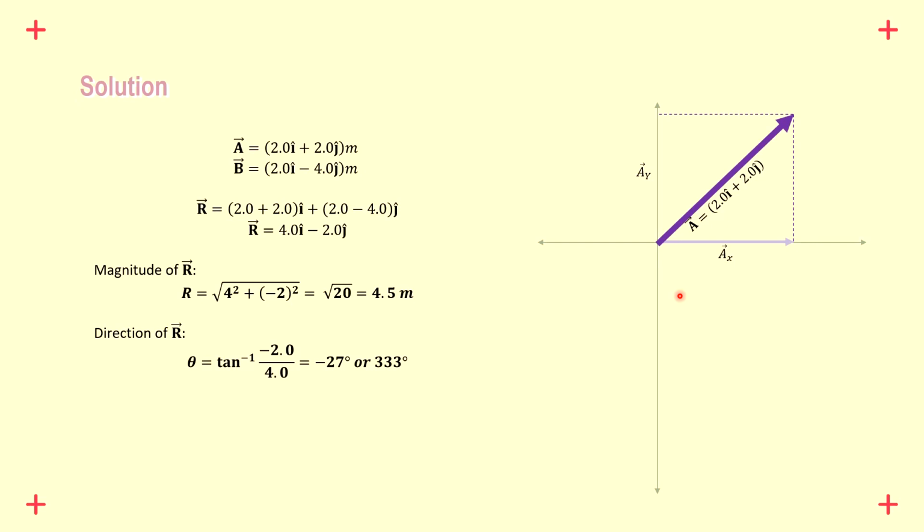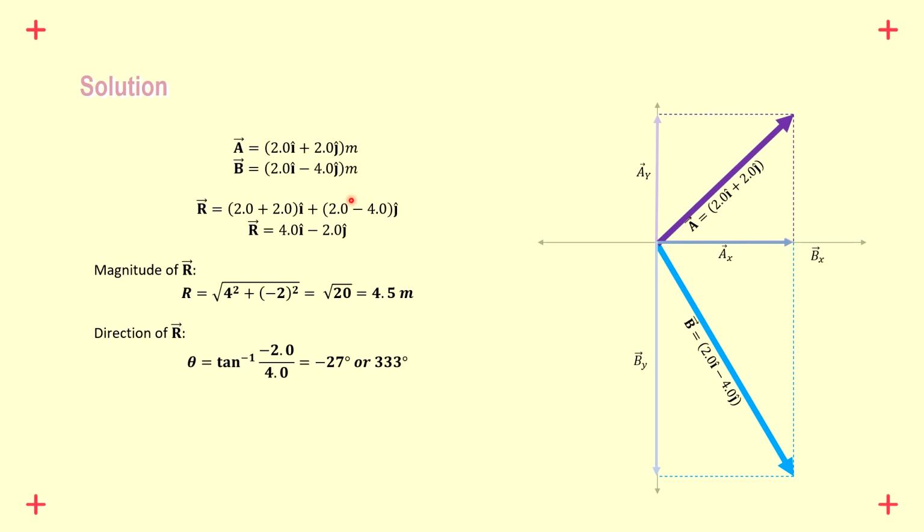Now for the second vector, the components are Bx and By. From the vector notation, you can already tell that the x component of B is 2 and the y component of B is negative 4.